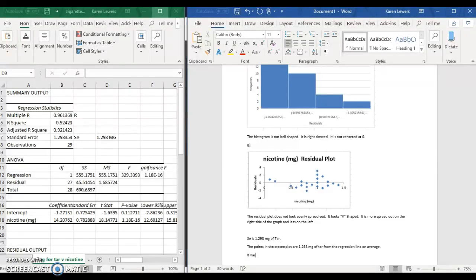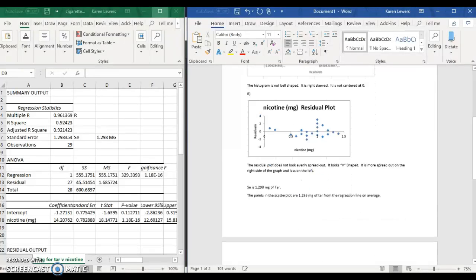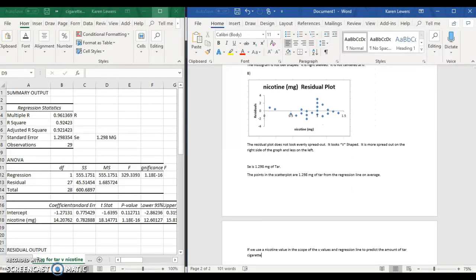If we use a nicotine value within the range of the X values and the regression line to predict the amount of tar a cigarette has, our prediction could have an average error of 1.298 milligrams.